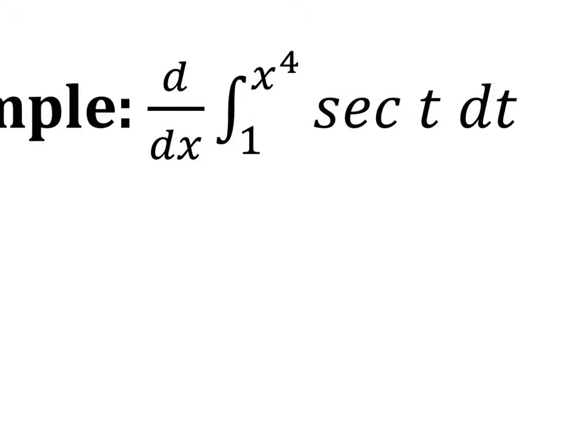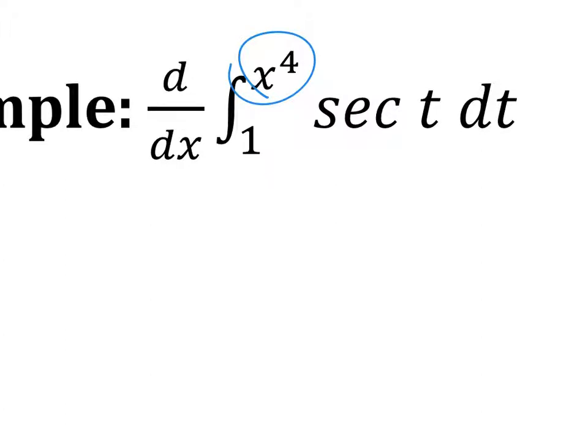We know that the derivative of this integral is just that function itself with x. However, notice the limit. Is the bottom limit a constant? Yes, so that's good. Is the top limit a variable by itself? No, so we cannot just say that it is secant x.